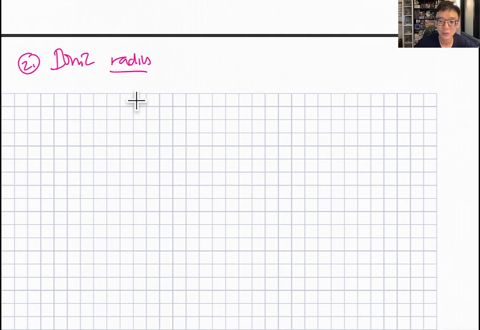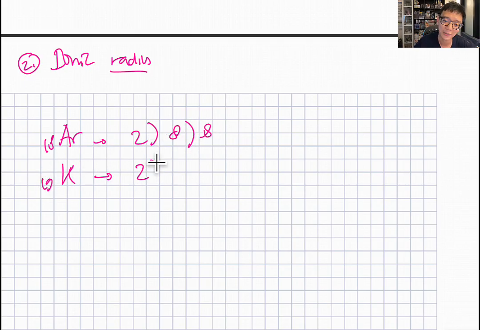Okay, but sometimes we also compare ionic radius. So let's say we have argon. Argon is 18, so we have 2, 8, 8. And then let's say we have potassium, 19. It's 2, 8, 8, 1.